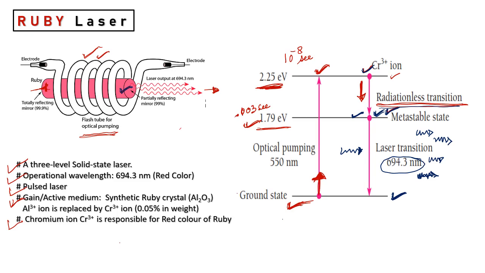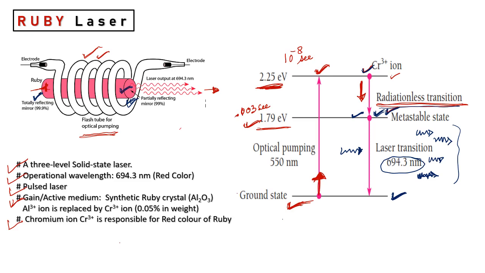Okay, so these photons from the stimulated decay of some chromium ions are reflected back and forth between the two ends, the mirror ends of the ruby rod, and they further stimulate other excited chromium ions to radiate more and more photons.